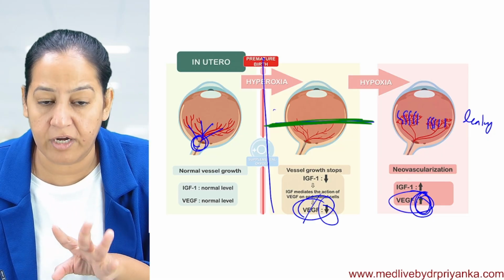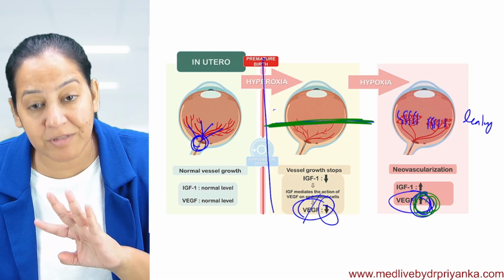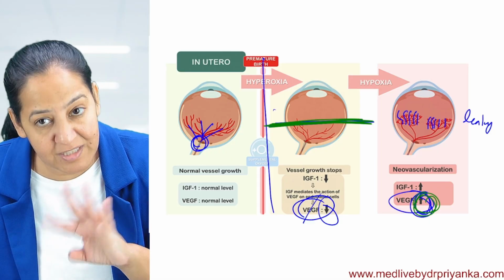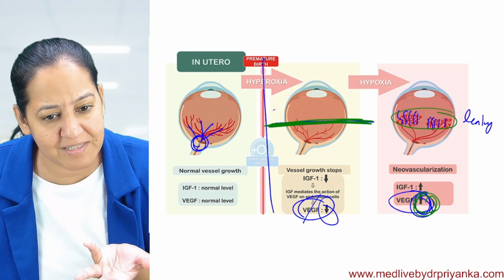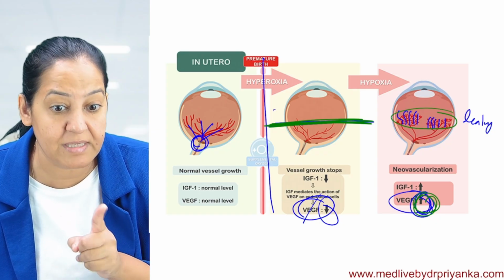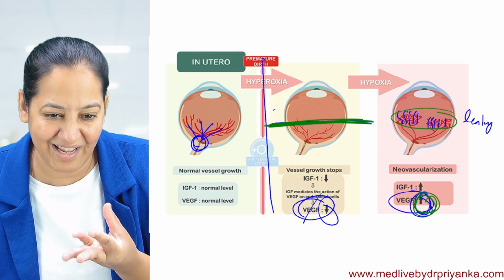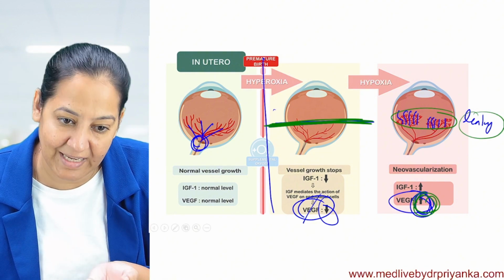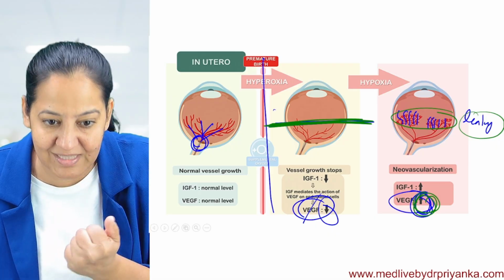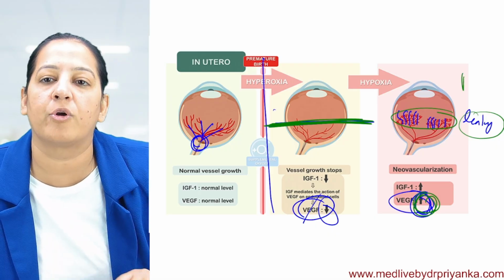They are permanently halted. Now the increased VEGF will form new blood vessels, which is known as neovascularization. You will say, ma'am, what's the problem? No, these are not the same retinal blood vessels. These are new blood vessels. They are leaky. They will rupture and cause vitreous hemorrhage. Whenever there is a hemorrhage, there is healing. Healing leads to fibrosis, fibrosis leads to contracture, and that leads to ROP.